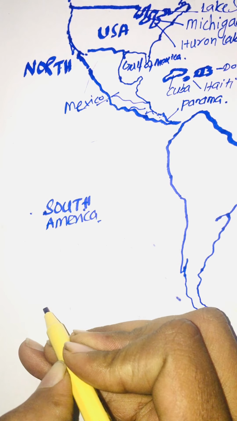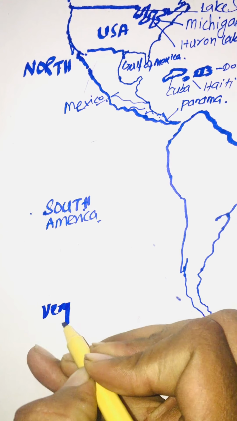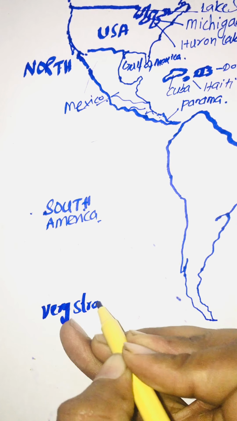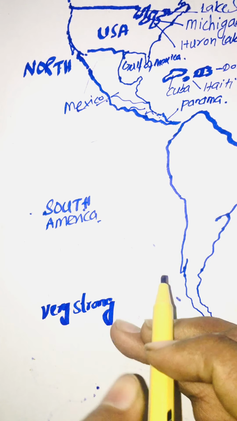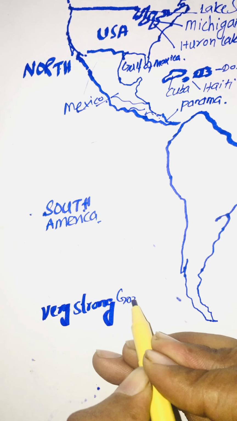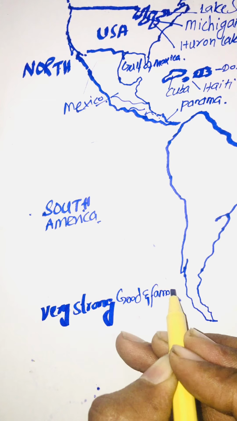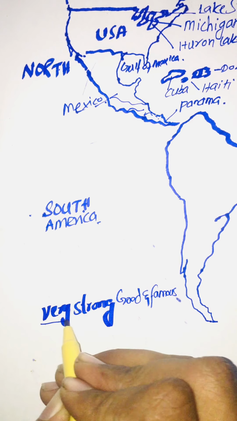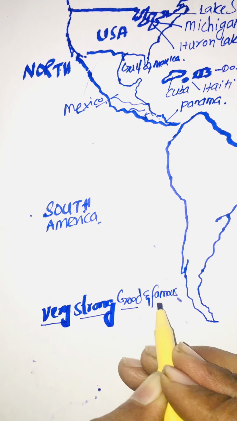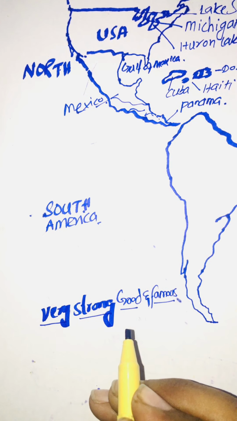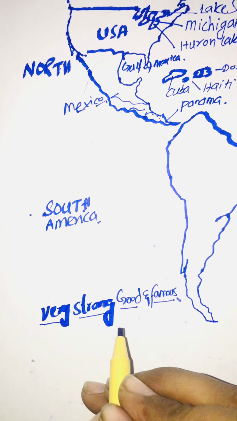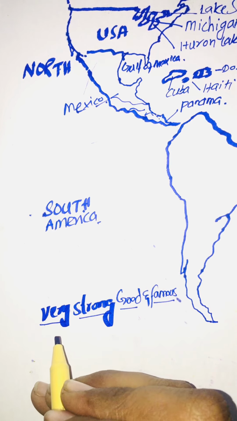You have to first write here: very strong, good and famous. So, very strong, good and famous means what?